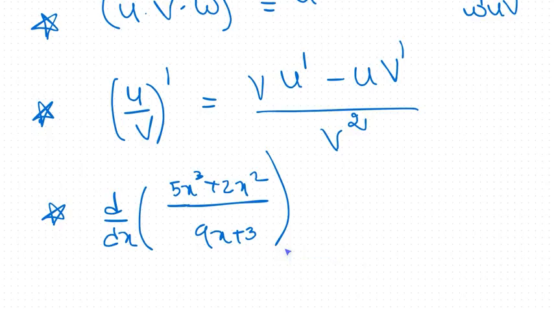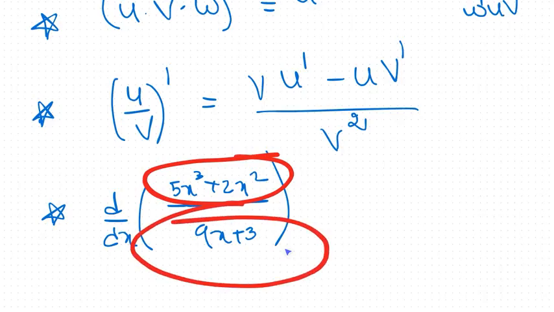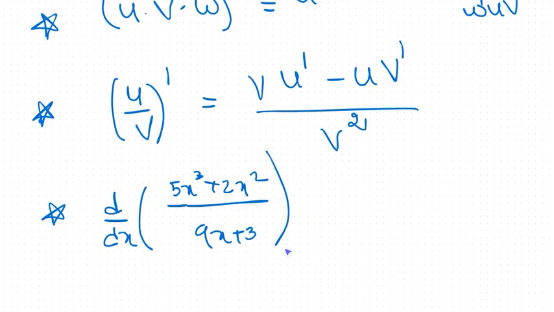So what is u and what is v here? U will be 5x cube plus 2x square. V will be 9x plus 3. Denominator and numerator.